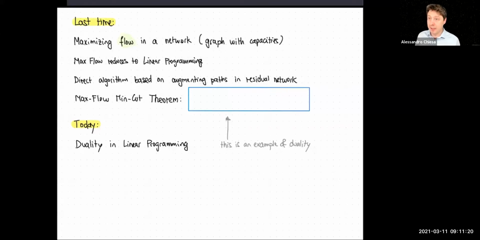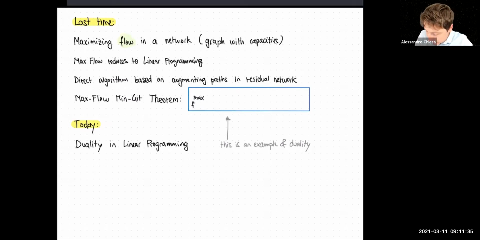And the correctness of that algorithm relies on the max flow min cut theorem, which I'm going to write again. It's a very important theorem to remember.